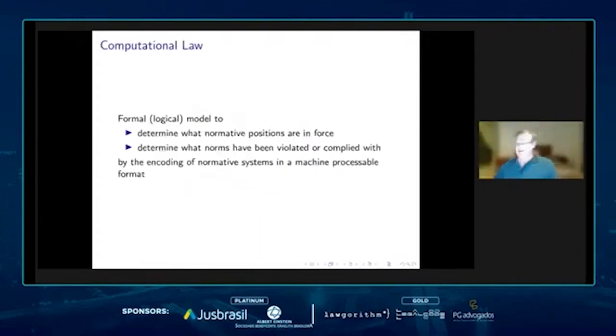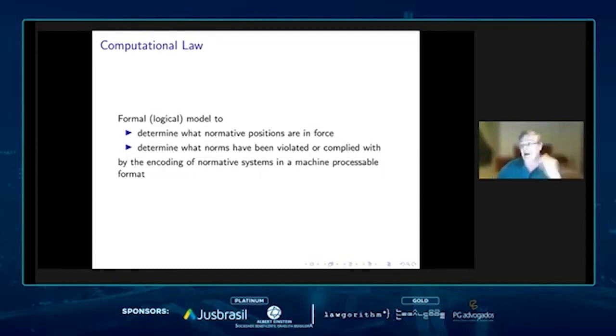This work is essentially an extension of what Alice just presented, and it's in the area of computational law. Computational law is at the foundation of what we call Rules as Code, and in our view, computational law is just the use of logic, formal models in particular, to first determine what normative positions, obligations, provisions, and permissions are in force in a particular situation.